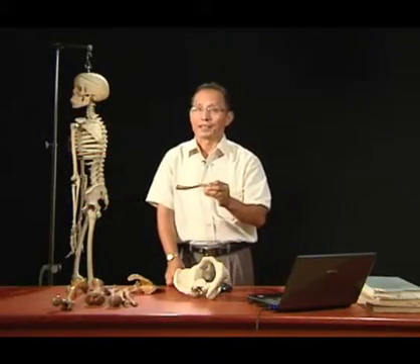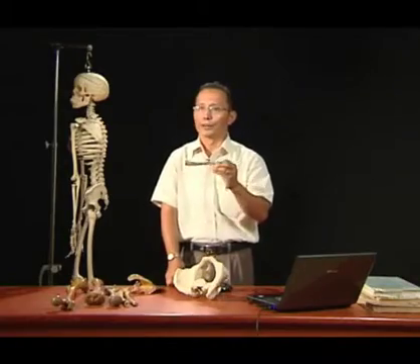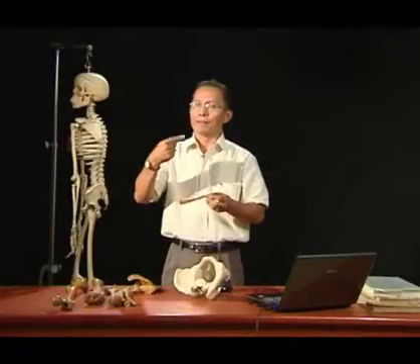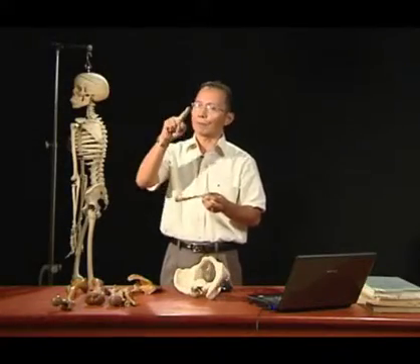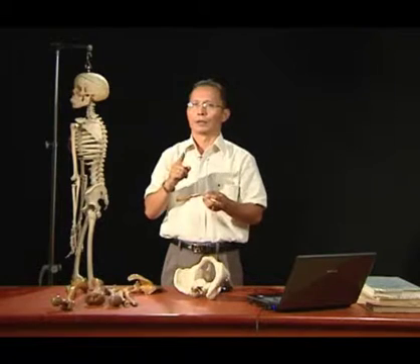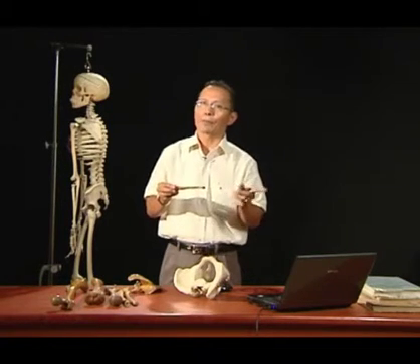Now, let us come to identification of the side to which the bone belongs. For identification of any bone regarding its side, we have to take into consideration three important views: front, back; up, down; then towards the body, away from the body.